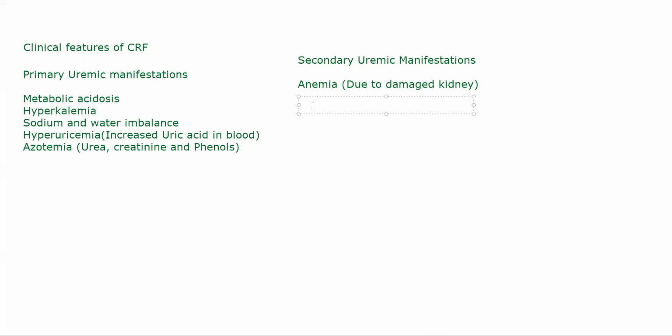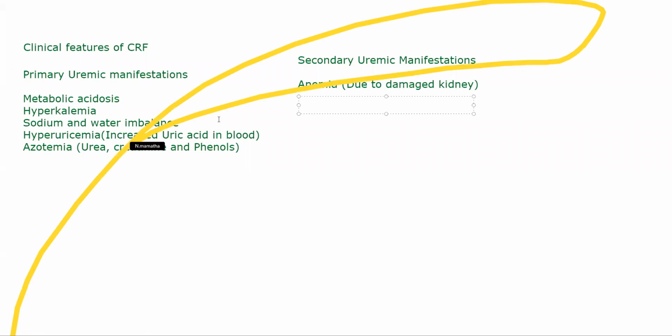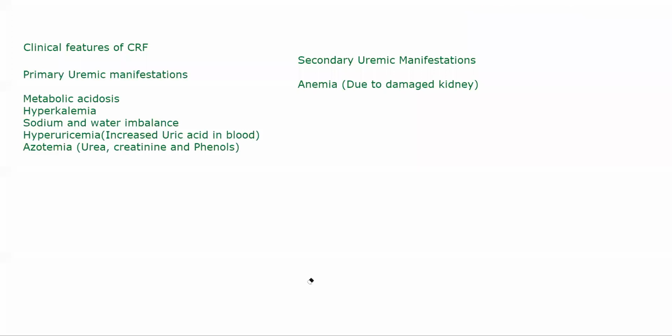Right. Now, the first manifestation is anemia. The second manifestation is that urobilin or urochrome will start getting accumulated inside your blood or inside your body. Normally urobilin or urochrome is a byproduct of bile, specifically of bilirubin.